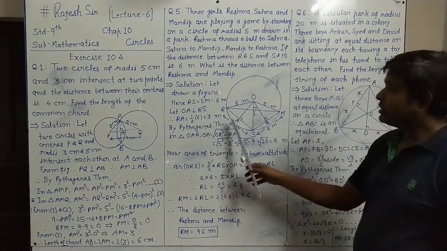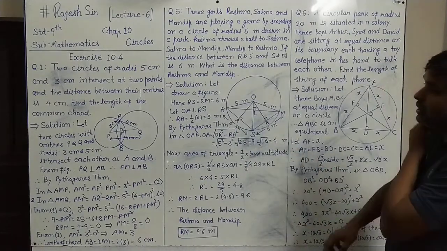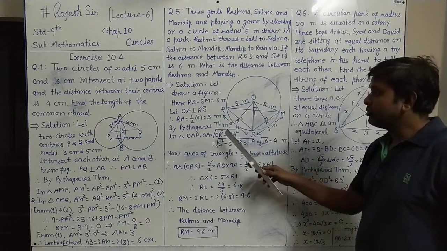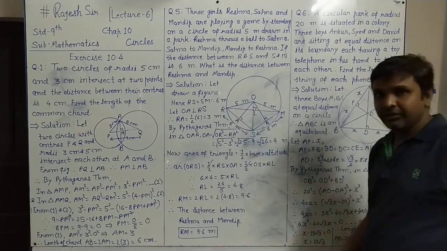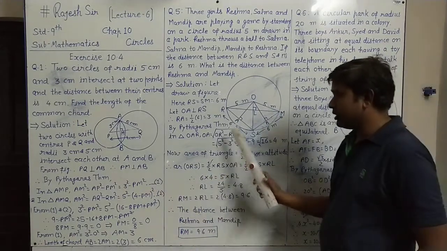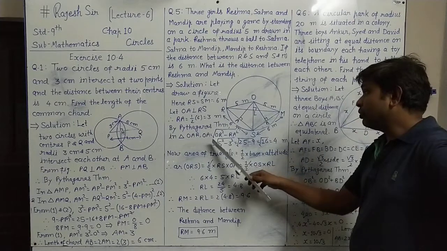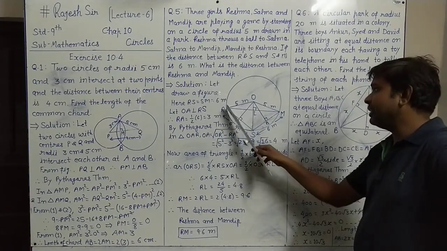Now by Pythagoras theorem in triangle OAR, any one side is equal to the root of hypotenuse square minus other side square. That we have done here also, and here also the same way we are doing. So OA equals the root of OR square, the hypotenuse square, minus RA, the other side, square.